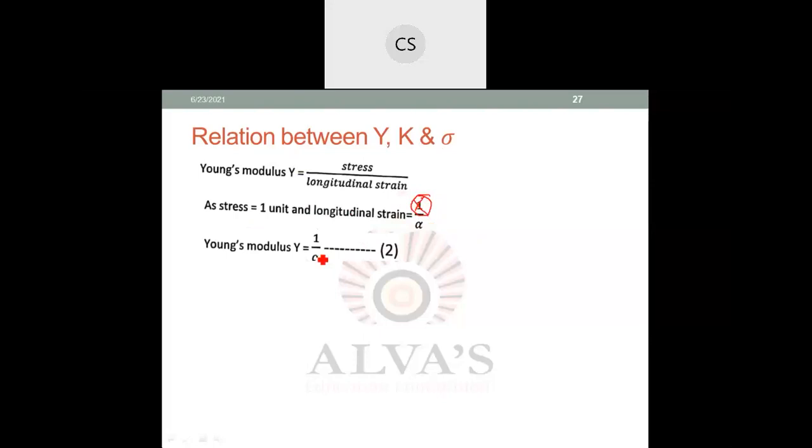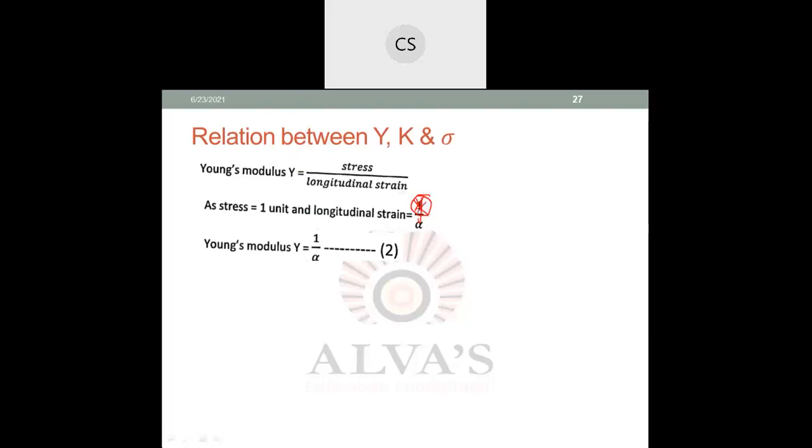Therefore Young's modulus is given by 1 by alpha, stress by strain. So make that correction while noting down. This part is not there, so I removed it.